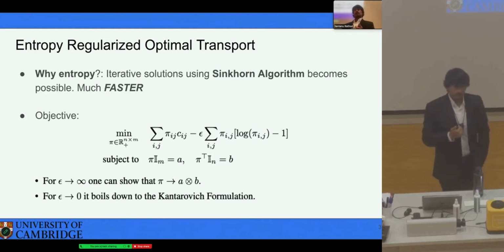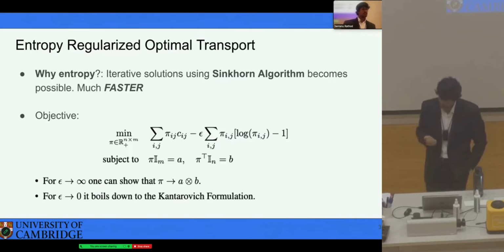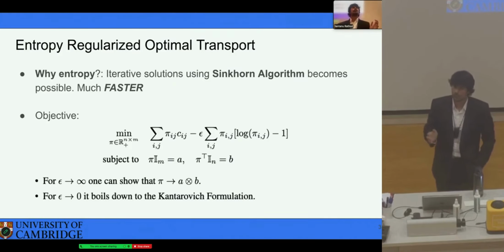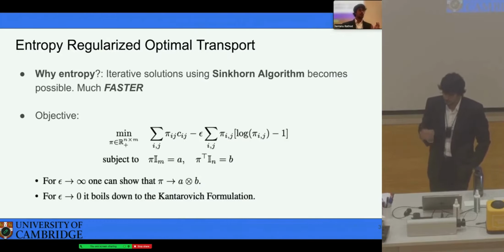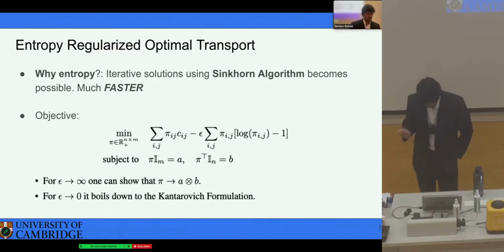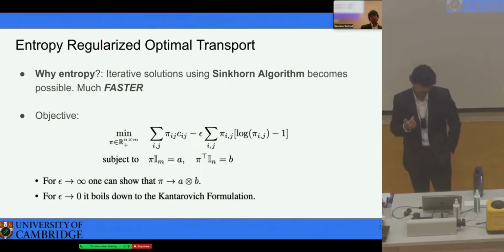The primary reason is that regularizing with this entropy enables you to use something known as the Sinkhorn iterative algorithm. This is one of the algorithms that you use to converge to the optimal coupling, so to speak. And people have devised GPU optimizations for the Sinkhorn algorithm.